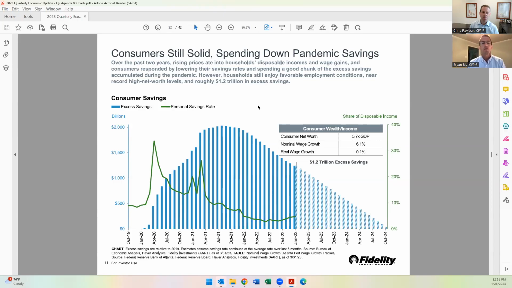So consumer savings rates are below the pre-COVID norms. So even though consumers tend to have excess savings from the subsidies, the savings rate today, even with the high wages, is less than we've seen in the past.